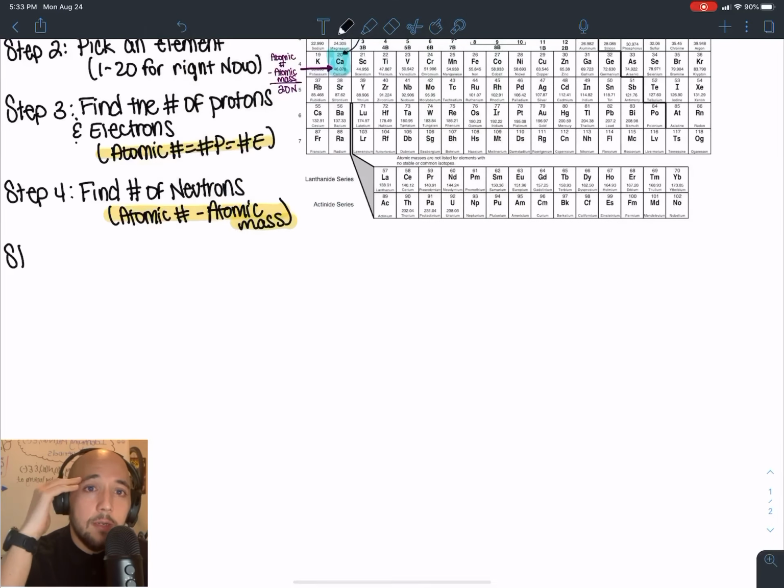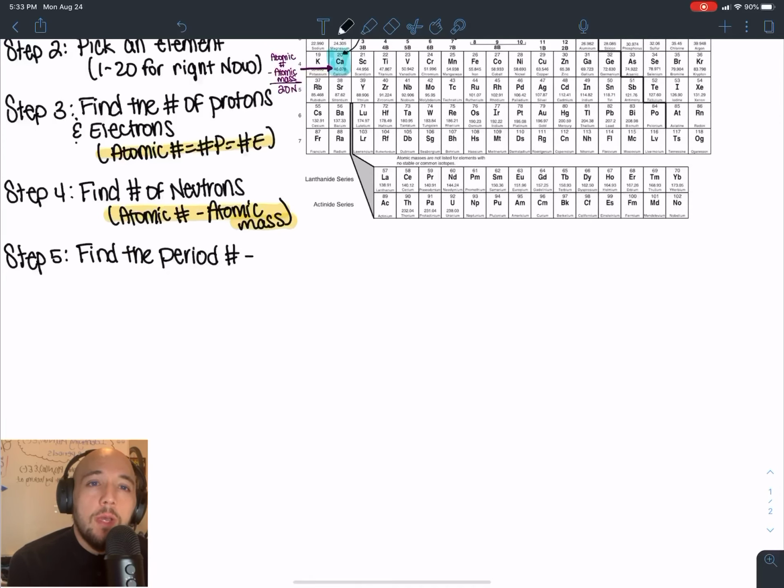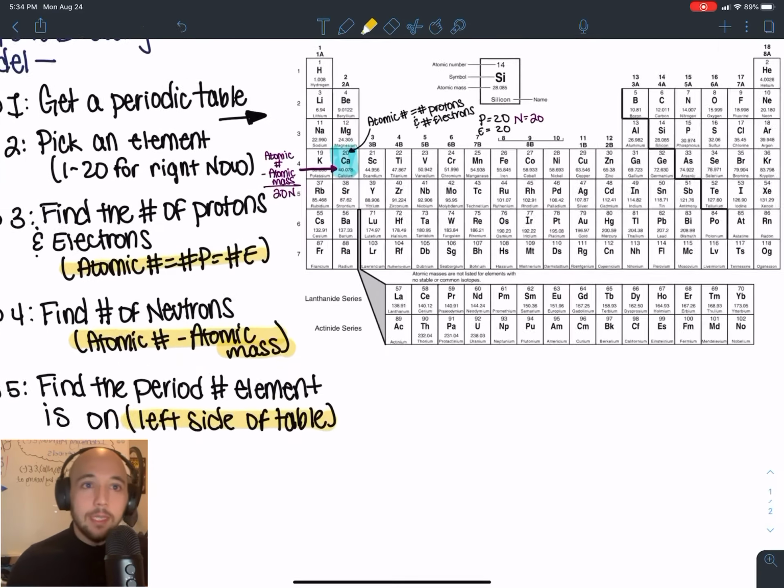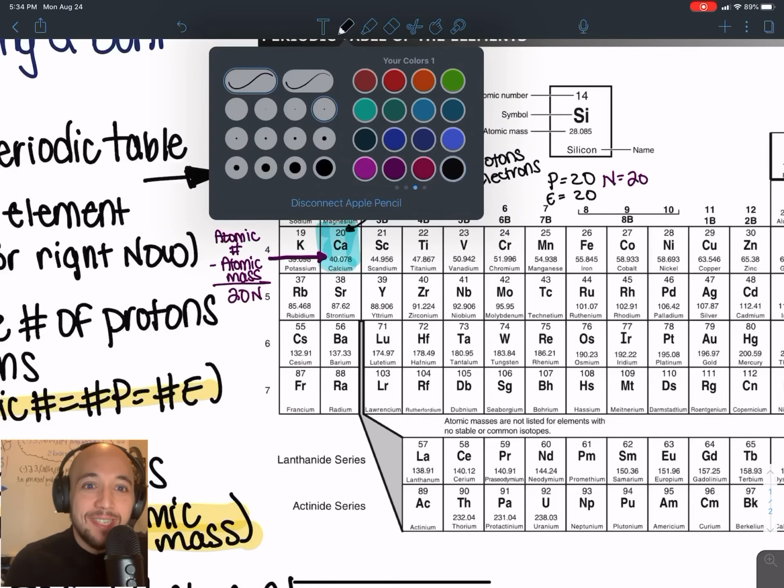Then we have step 5. So step 5 is we got to find the number of shells. So what do we do? We got to look at the period. And again, that's going to be on your left-hand side, which is this side. And it's going to be numbered from 1 to 7.